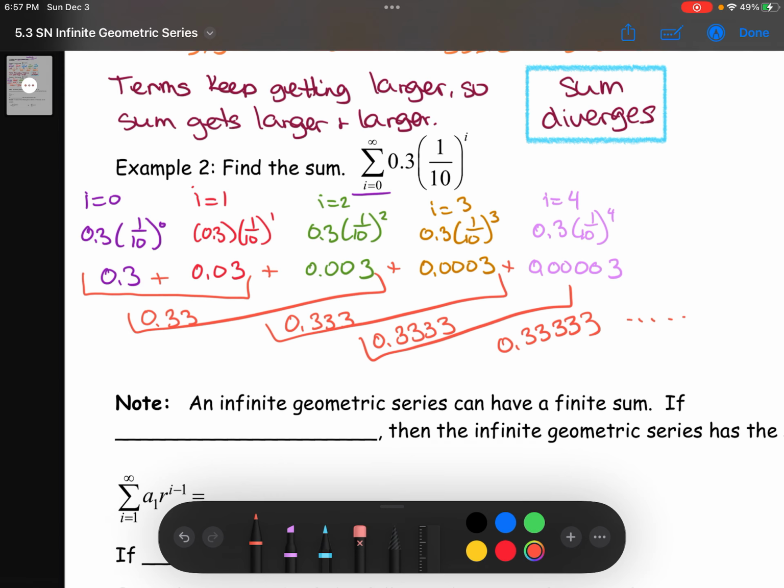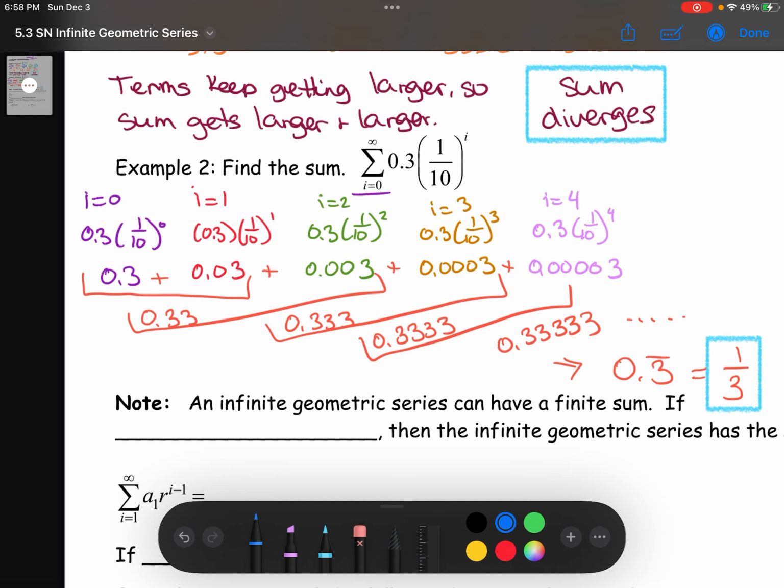If we keep going, we will end up with 0.3 repeating, which is 1/3. So the sum of this geometric series truly is 1/3. If we could add terms up to infinity, we would see that sum get closer and closer and closer to 1/3. So therefore, that sum is 1/3.